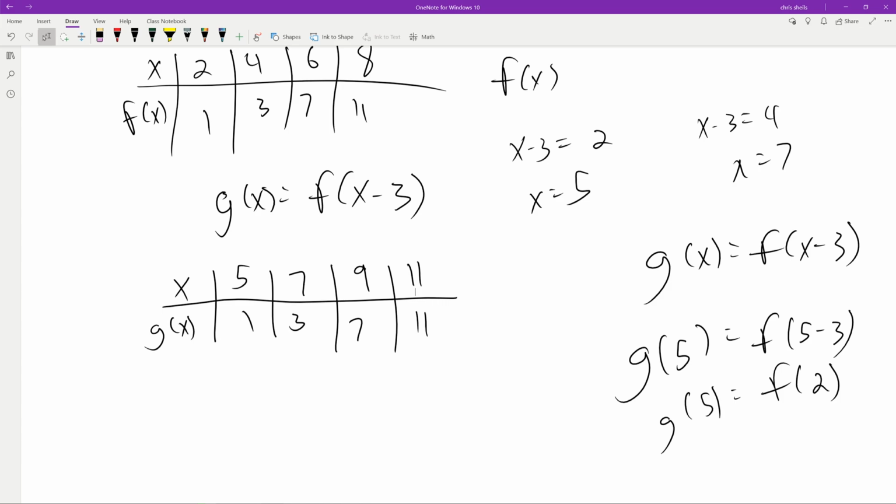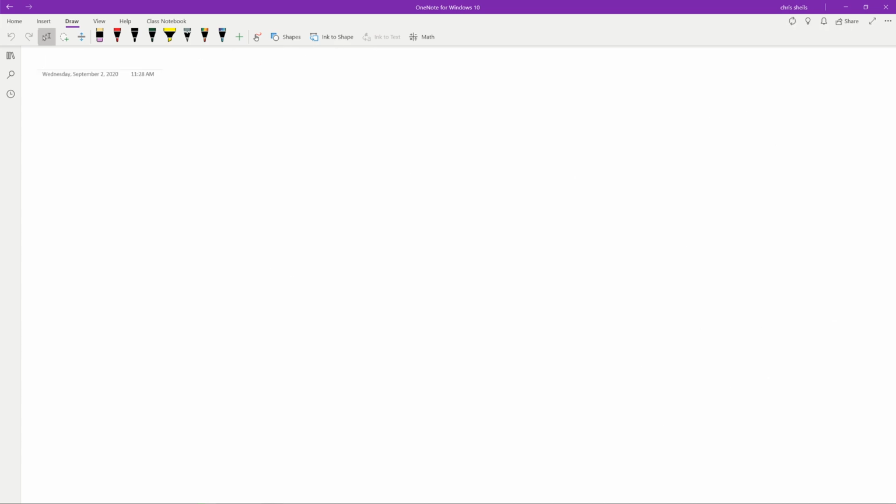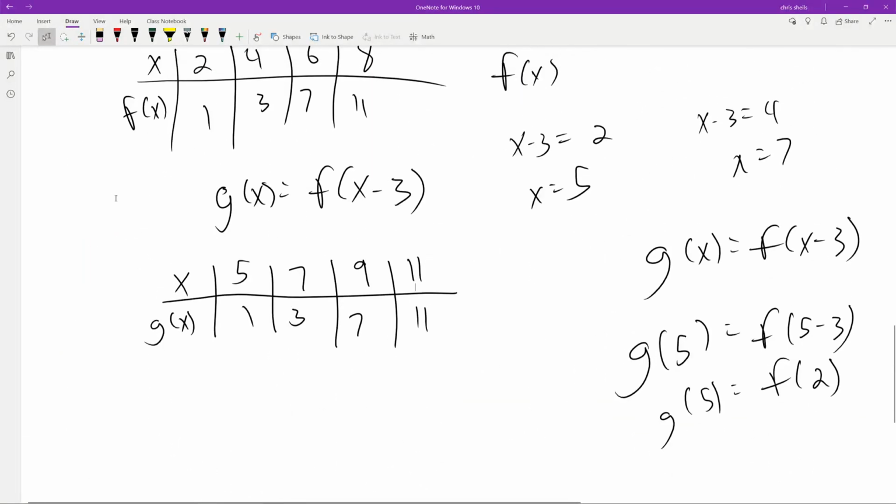Let's look at some graphs real quick. Let me go to Desmos. Oh, I didn't mean to do that. Although I suppose that's okay, but let me go to Desmos real quick.